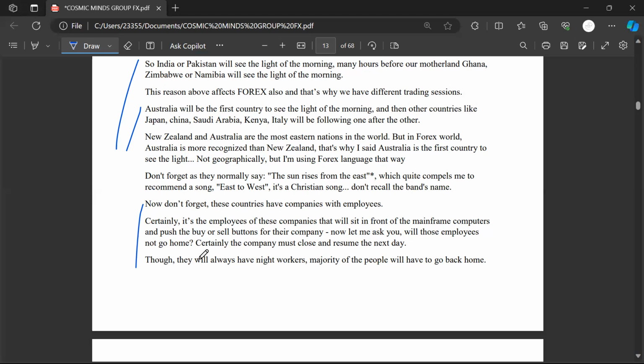It is the employees of these companies that will sit in front of the mainframe computer and push the buy or sell buttons for their company. Certainly the company must close and resume the next day, so they will always have night workers.